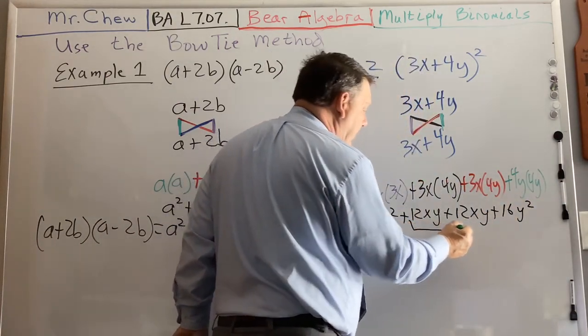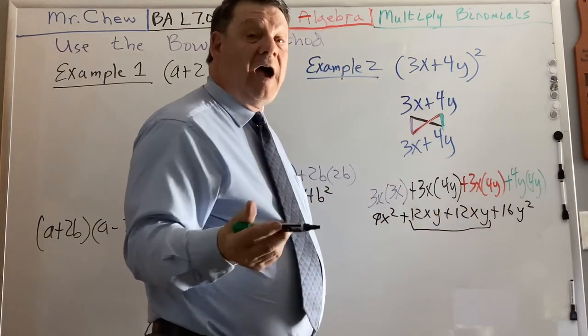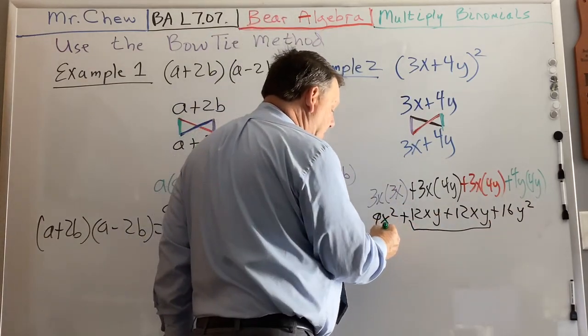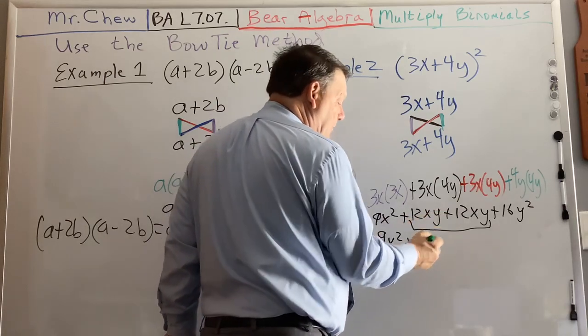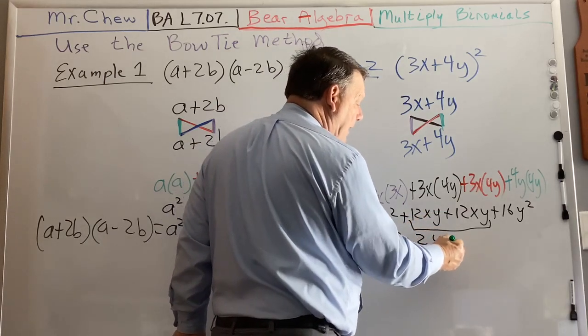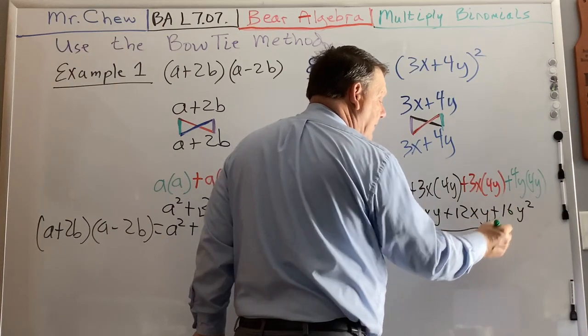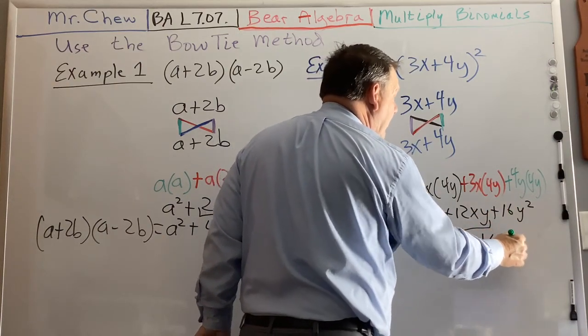Now in this particular case, not always, but in this case, I have like terms. So it ends up being 9x squared plus 12xy plus 12xy is 24xy plus 16y squared.